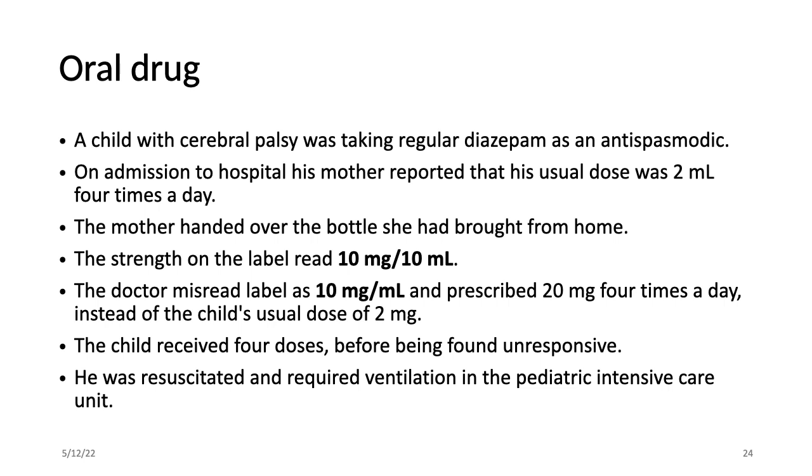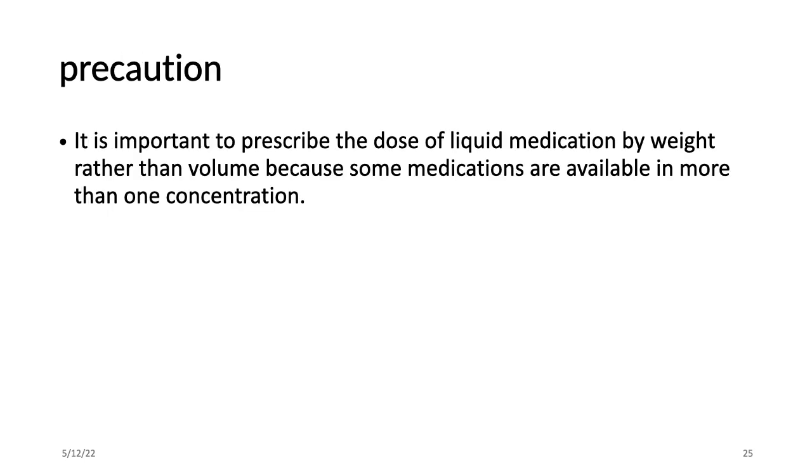The doctor misread the label and thought it was 10 milligrams per ml and prescribed 20 milligrams 4 times a day instead of 2 milligrams. The child was in overdose. He experienced narcotic overdose and became unresponsive, and was rushed to the ICU and resuscitated there. It's important to prescribe the dose of liquid medication by weight rather than volume because some medications are available in more than one concentration.